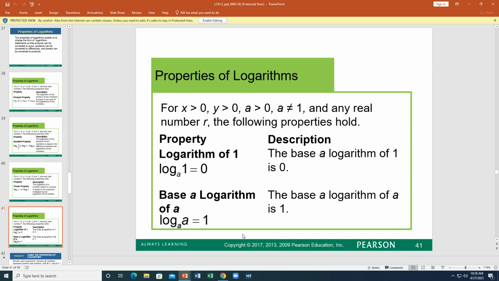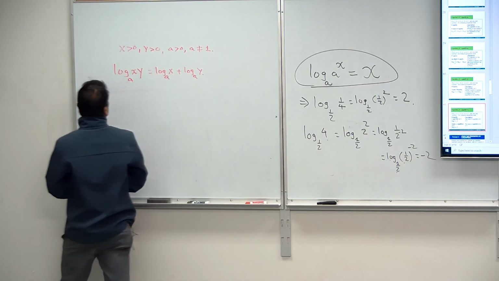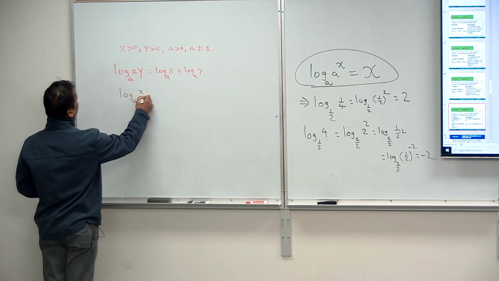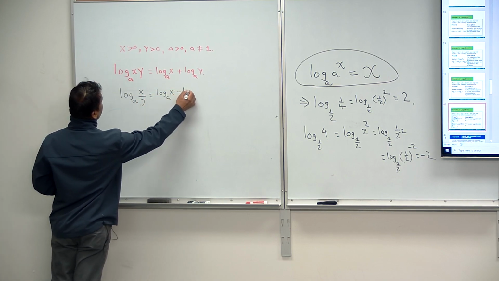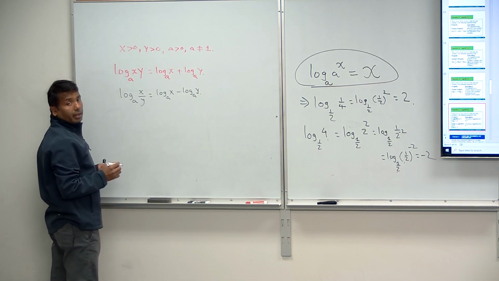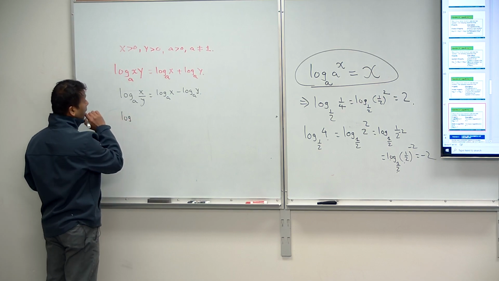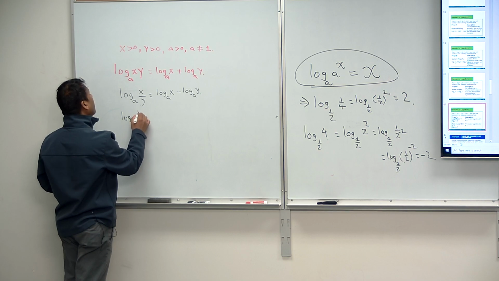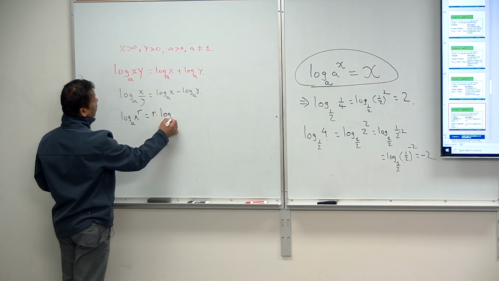So this is the product property, and the other one is logarithm with base a of x over y, which is the same as logarithm with base a of x minus logarithm with base a of y. This is the quotient property, right? And then the next one: logarithm with base a of x to the power r is the same as r times logarithm with base a of x.